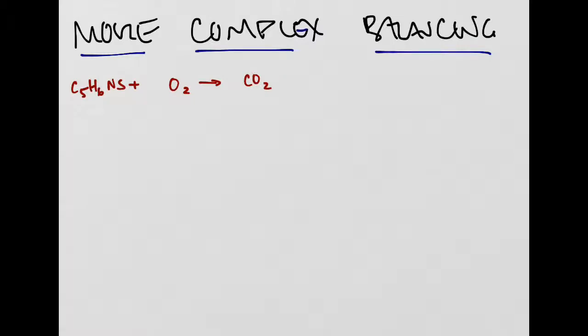Carbon dioxide, water, nitrogen dioxide, and sulfur dioxide. Okay, and why don't I go ahead and insert the different states of matter. This is liquid, this will be a gas, and the rest of these things are gases as well.